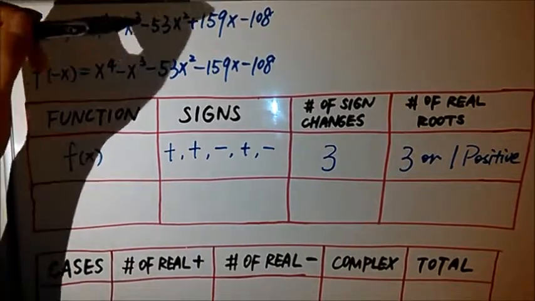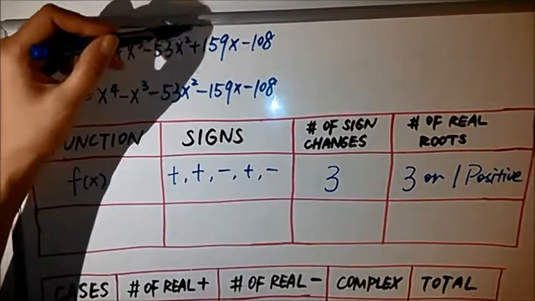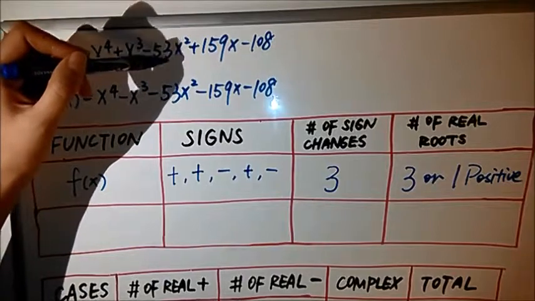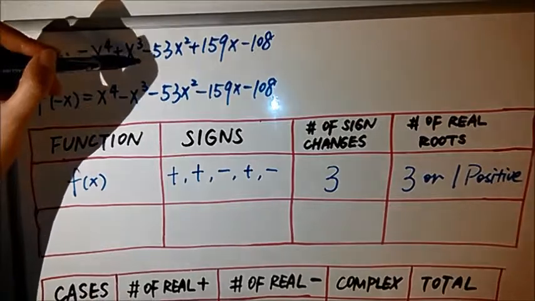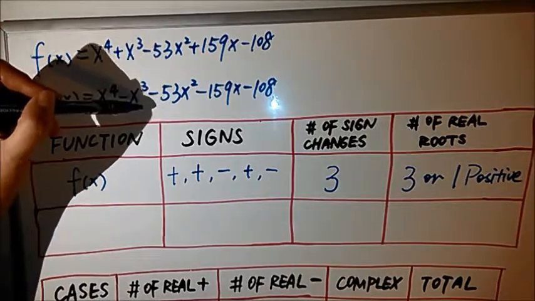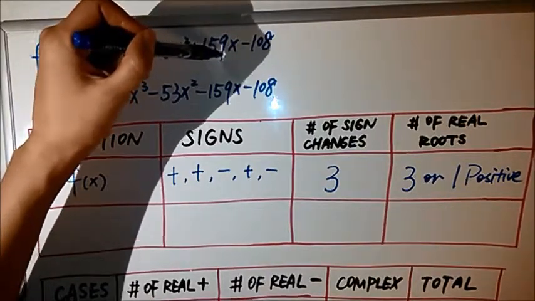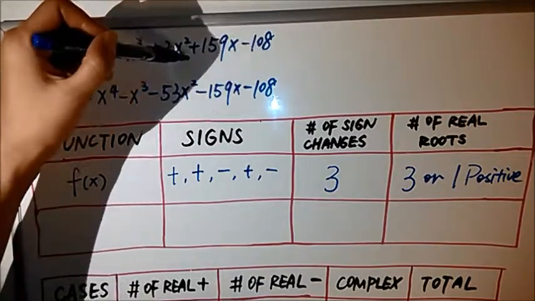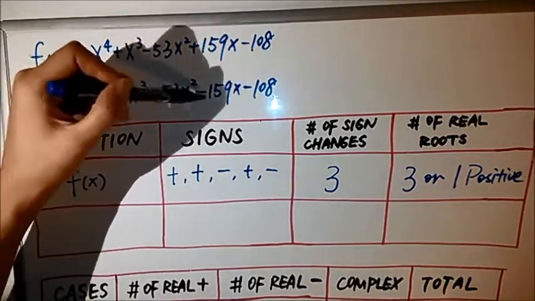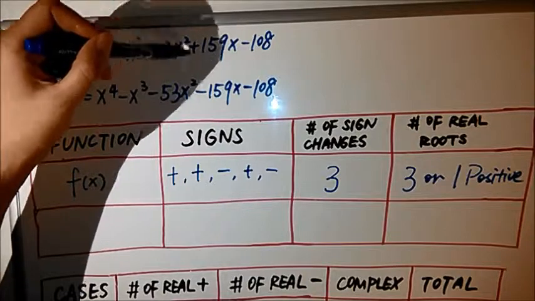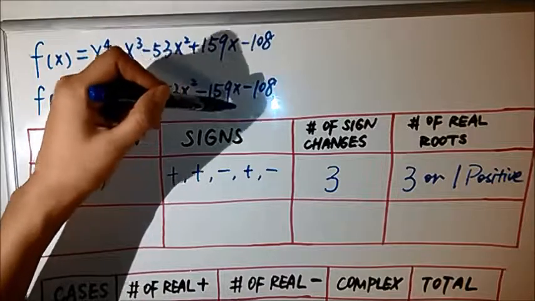For negative x squared, a negative times a negative is positive, so the sign stays the same. And for negative x times 159, this positive will change into negative, from positive to negative. And there's no x in the last term, so the sign stays the same, negative 108.